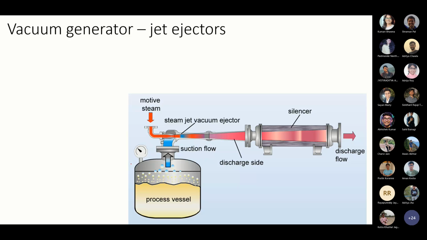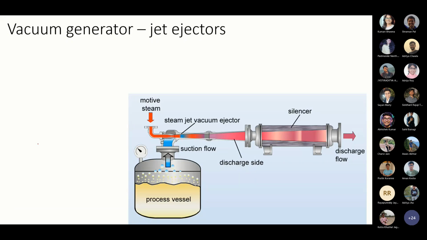Now, if you want to generate a very high vacuum, especially when you want to do vacuum distillation, or any operation at low pressures, the best example is vacuum distillation in the crude distillation unit. We have the vacuum distillation unit. The whole distillation column is connected to a vacuum generator.